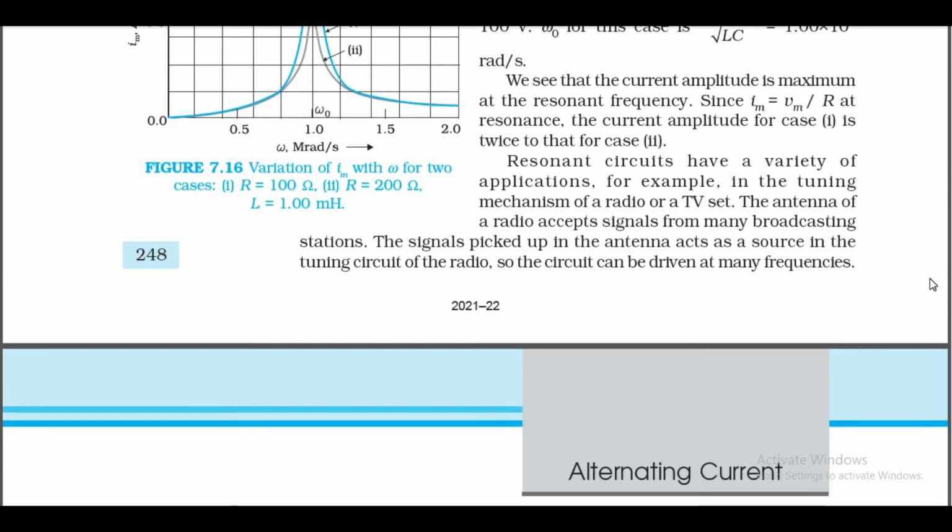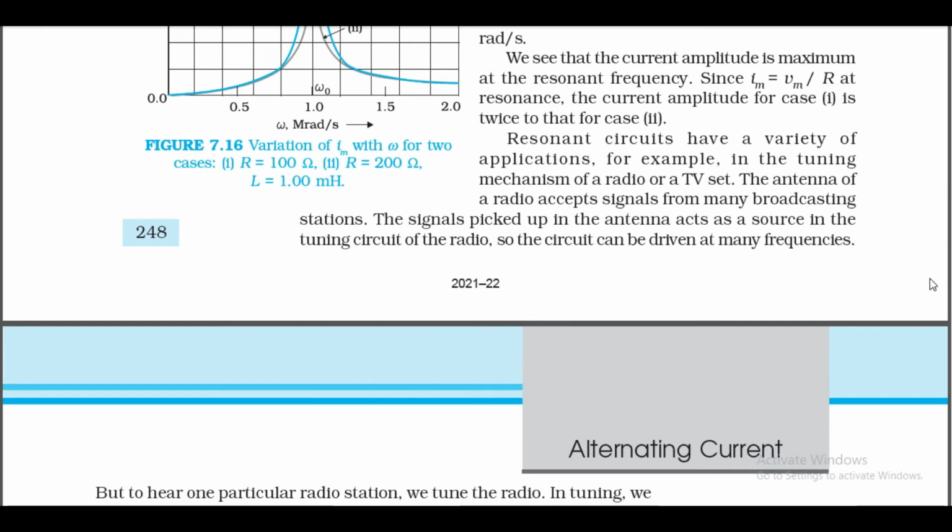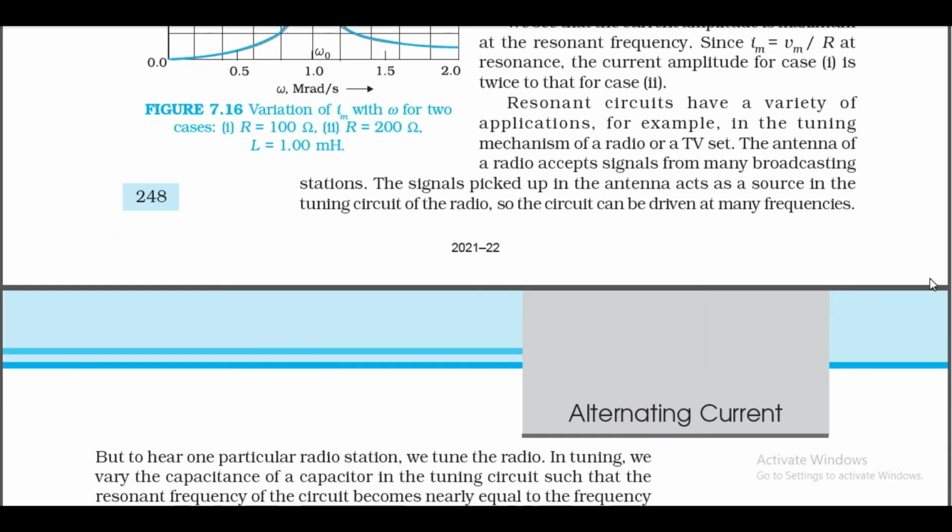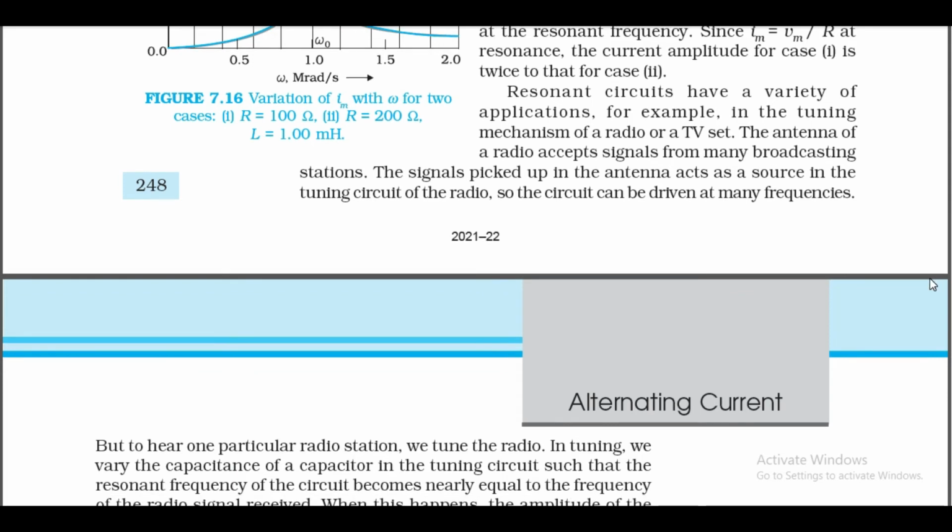Resonance circuits have a variety of applications. For example, in the tuning mechanism of a radio or a TV set, the antenna of a radio accepts signals from many broadcasting stations. The signal picked up in the antenna acts as a source in the tuning circuit of the radio, so the circuit can be driven at many frequencies.